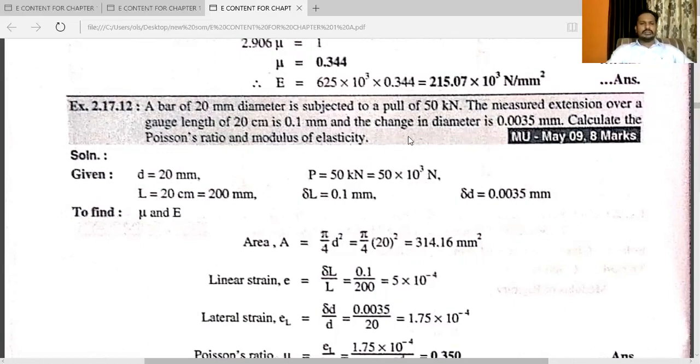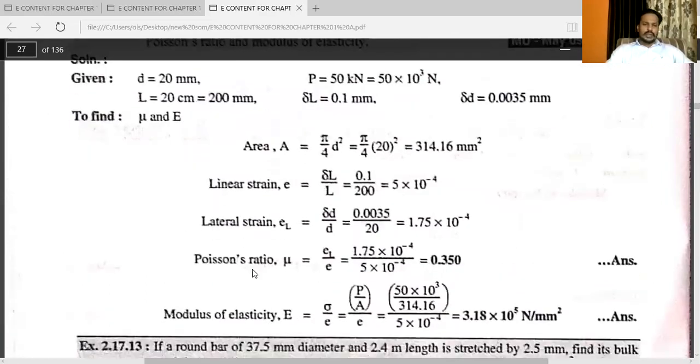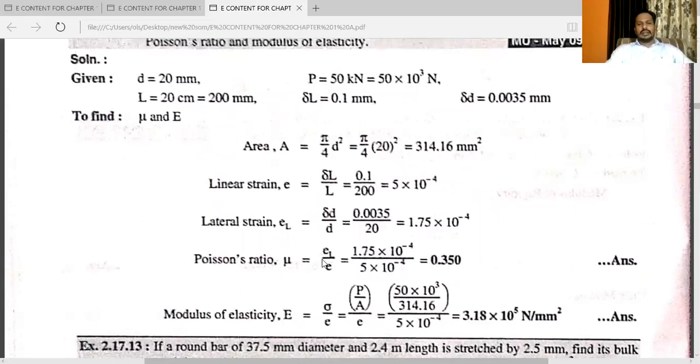And here they ask you mu and E. Mu is the Poisson's ratio and E is the Young's modulus. So to calculate Poisson's ratio, we have to calculate lateral strain and linear strain. That is, lateral strain upon linear strain is nothing but the Poisson's ratio.